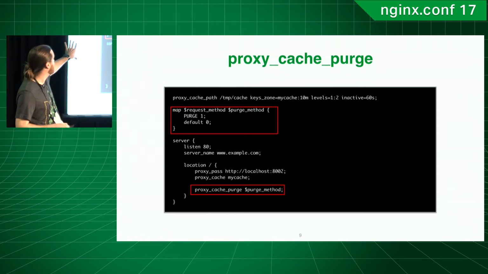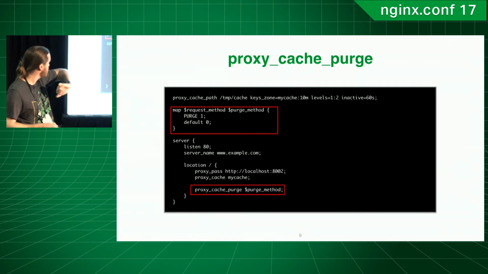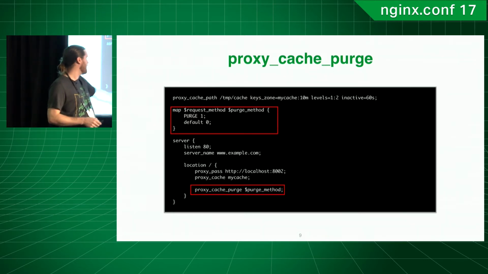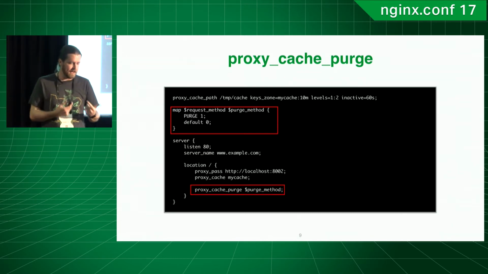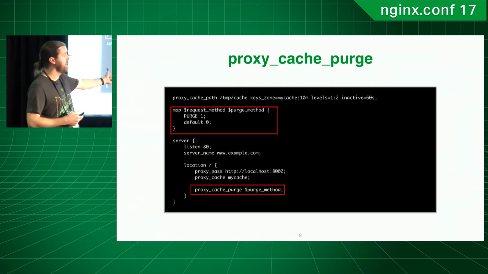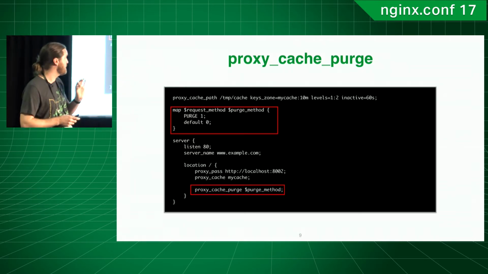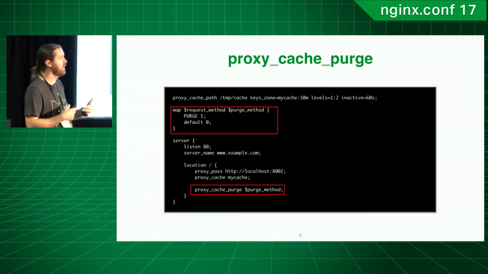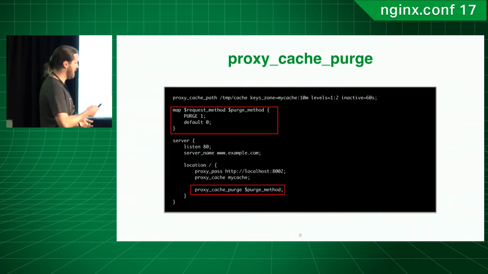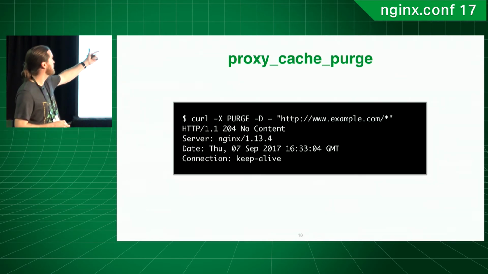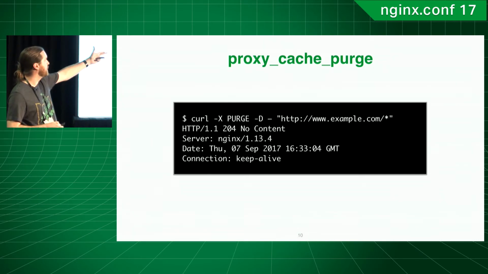It allows you to map a specific request method to a purge method, and then it allows you to reference that purge. So what the proxy cache purge directive does is it says, hey, if there is a variable that you've defined here that has a value of 1, or actually anything other than 0 or none, it's going to execute a purge. So what that looks like here from a curl command is, obviously here we're saying use the purge method on this particular URL.